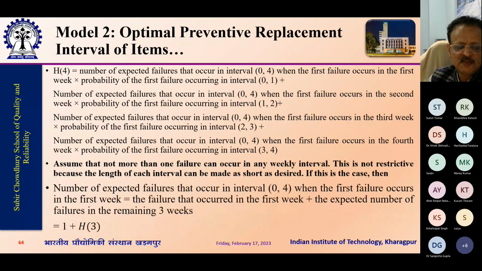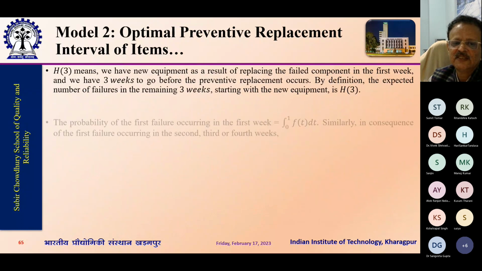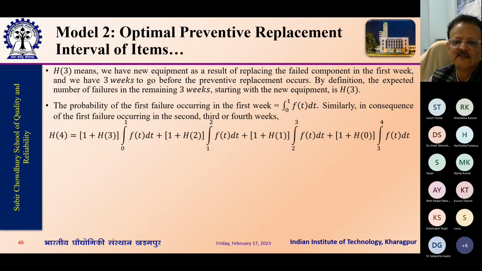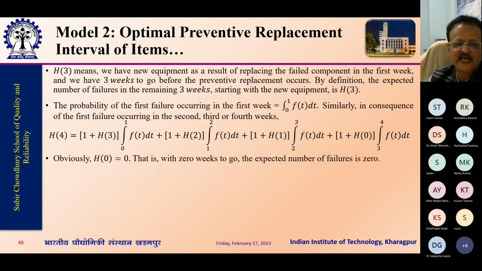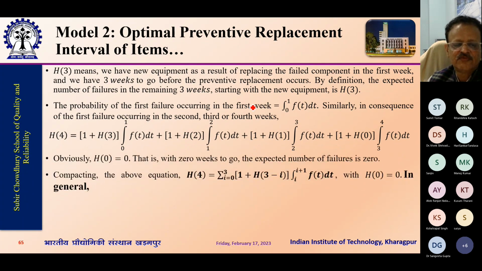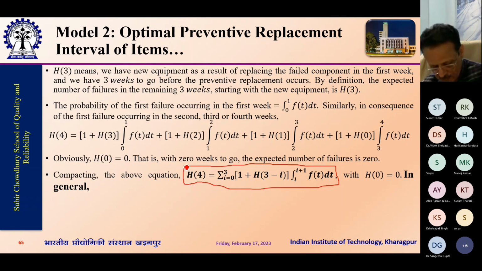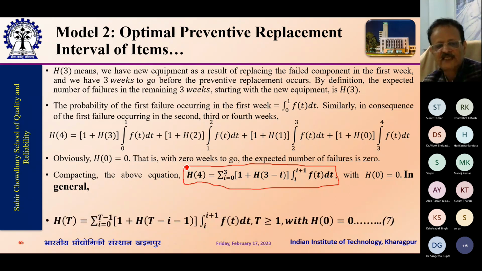So this gives you a recursive equation, which can finally be simplified. For the example we have taken, for 4 weeks, this is the equation and the simplified equation, and then this can be generalized to this equation. I'm not going into the details of the derivation, except that you know the derivation is already given.